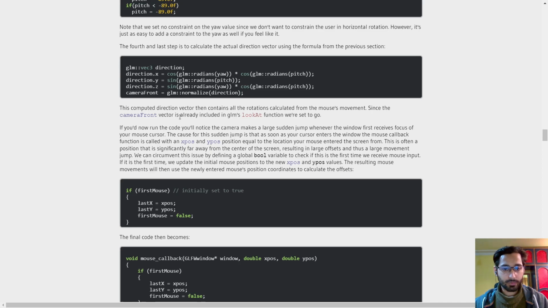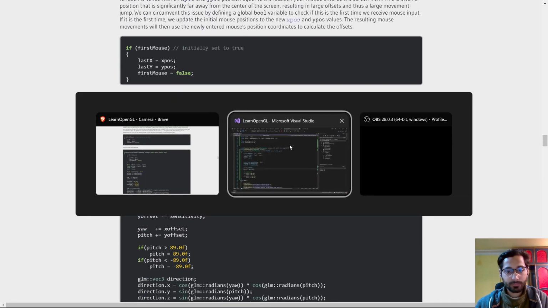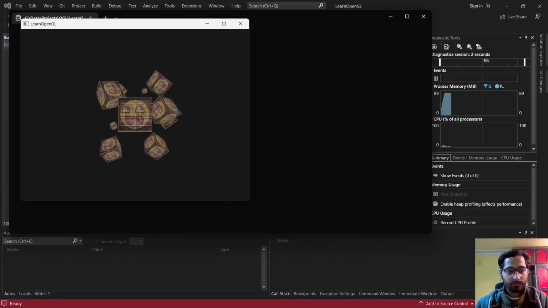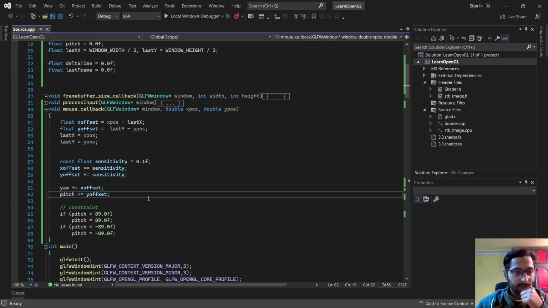If you now run the code, you'll notice the camera makes a large sudden jump whenever the camera first comes into focus. This causes, okay, wait a second. It's not working for me. Nope. Maybe I'm doing something in an incorrect order.